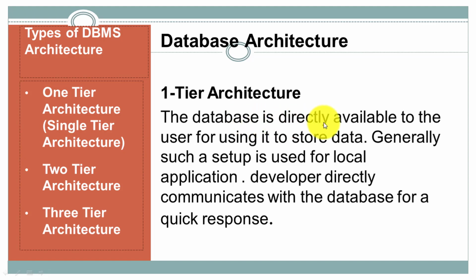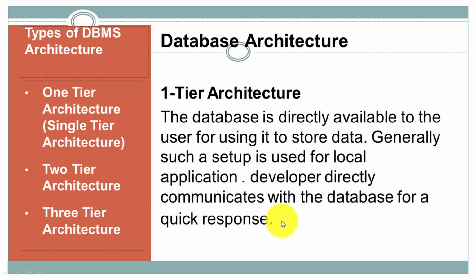The database is directly available to the user for using stored data. Generally, such a setup is used for local applications. A developer communicates directly with the database for a quick response because client, server and database are on the same machine. So this is all about one tier architecture.